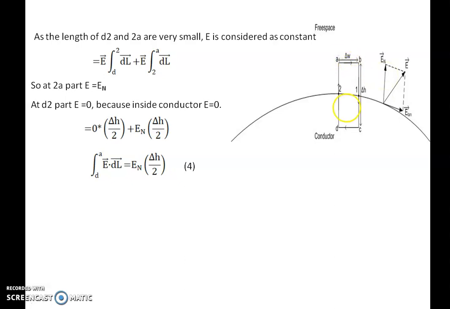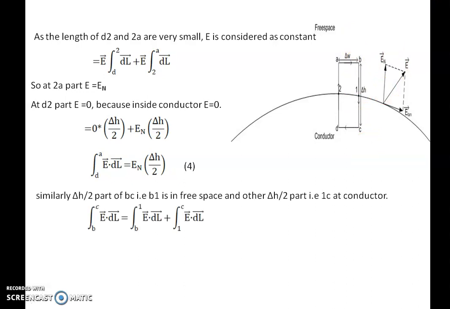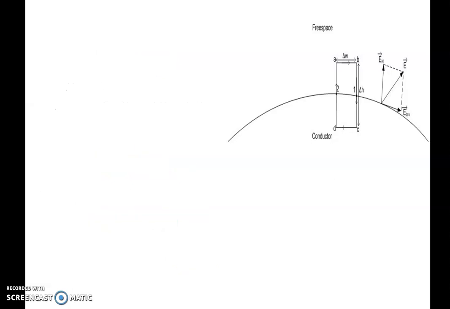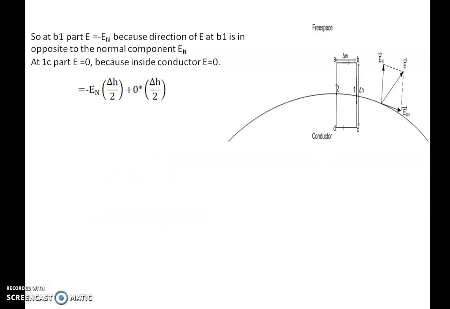Similarly, here also we can split into two parts, half in free space and half in the conductor. In the conductor the electric field is 0. So I can write this in two parts, B to 1 and 1 to C. In the part B to 1 it is minus En, because it is opposite to the direction of the normal component, so I can write this as minus En into delta H by 2 plus 0 into delta H by 2.